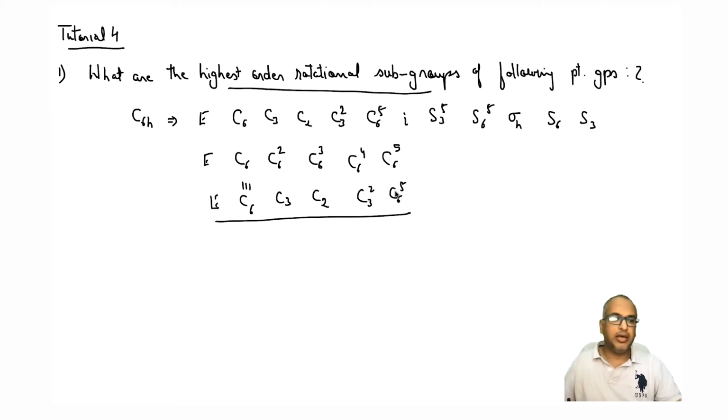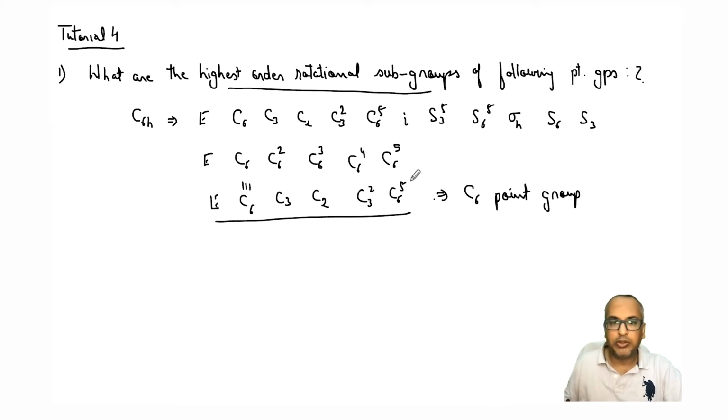So let us see. If we look at just these six elements, this actually forms a point group for the cyclic group C6, right? So if we look at the C6 point group, then that is composed of only these elements: E, C6, C3, C2, C3 square, and C6 5.